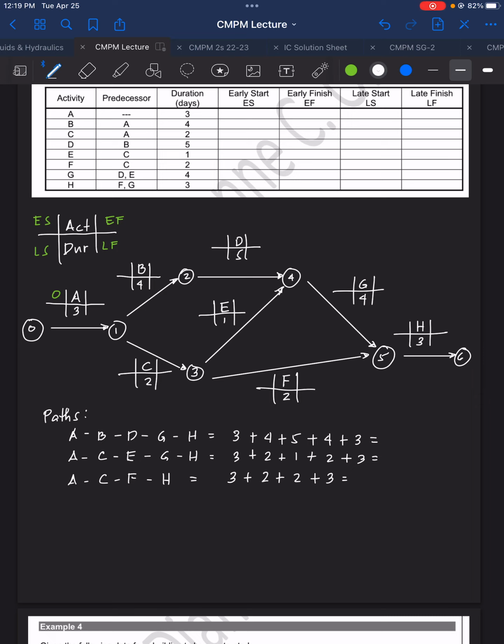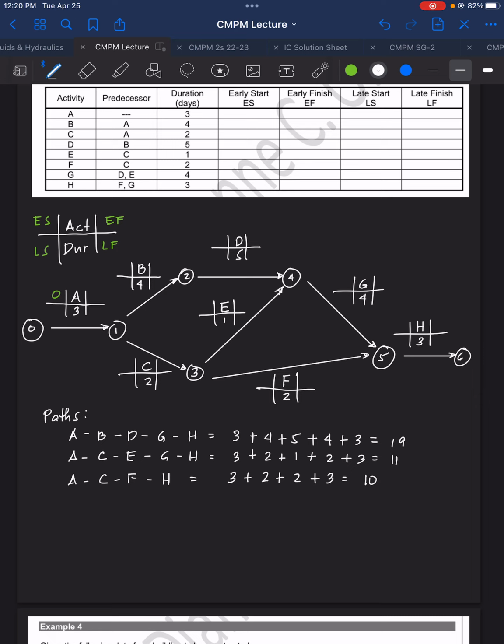So 3 plus 4 plus 5 plus 4 plus 3. So this is 19 days. So 3 plus 2 plus 1 plus 4 plus 3. So we have here 11 days. And then we have here 3 plus 2 plus 2 plus 3, this is 10 days.